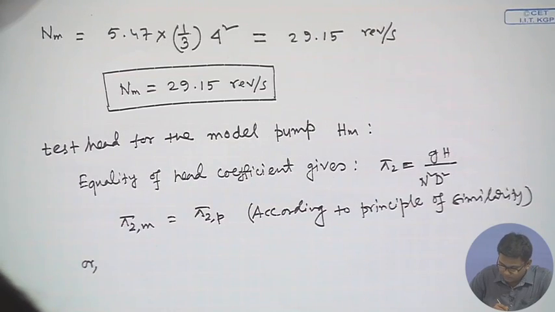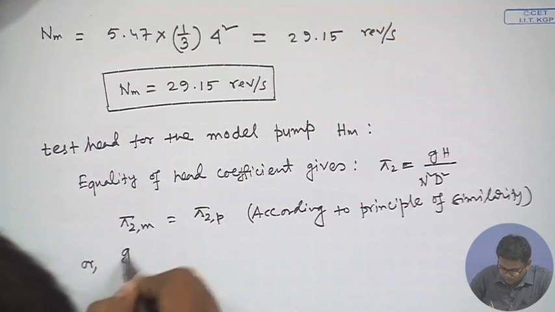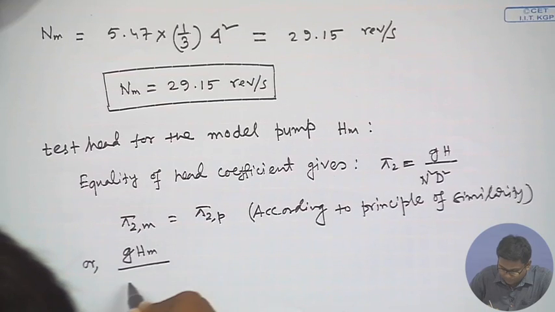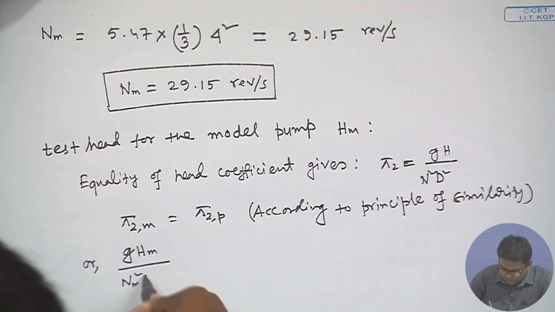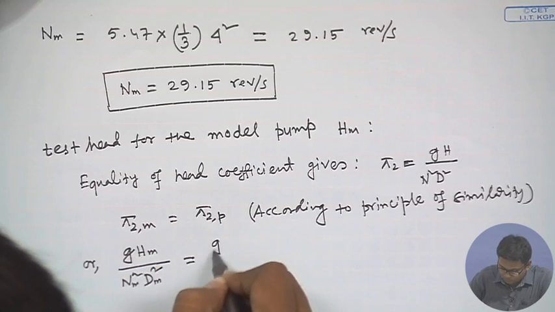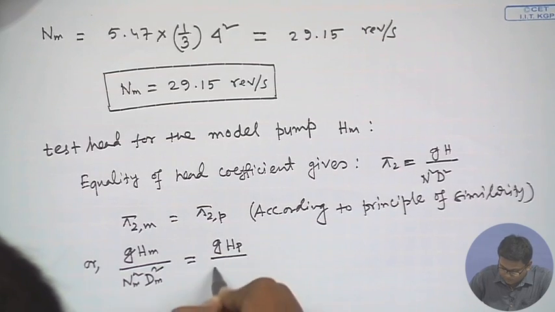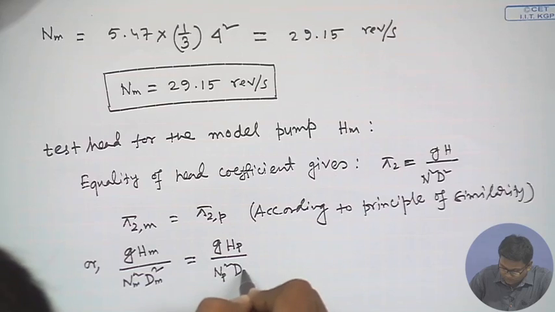Now, I will substitute the expression for pi2. So, ghm by nm square dm square equals ghp by np square dp square.